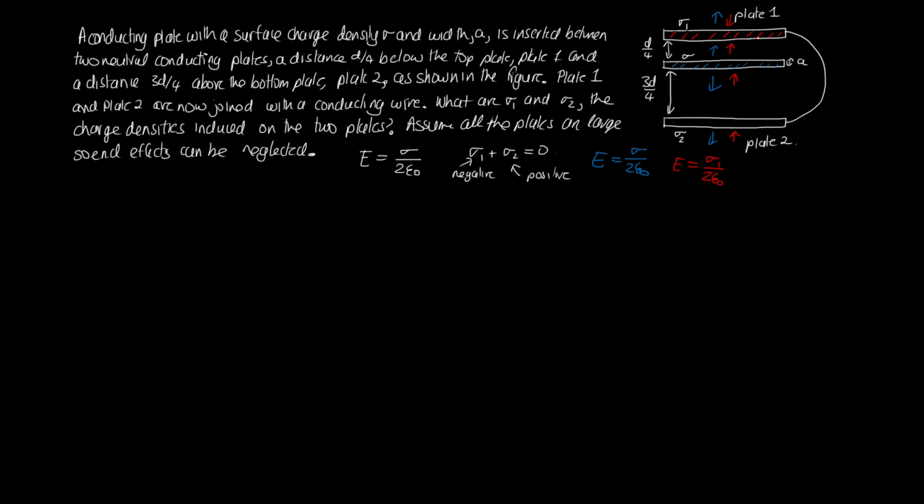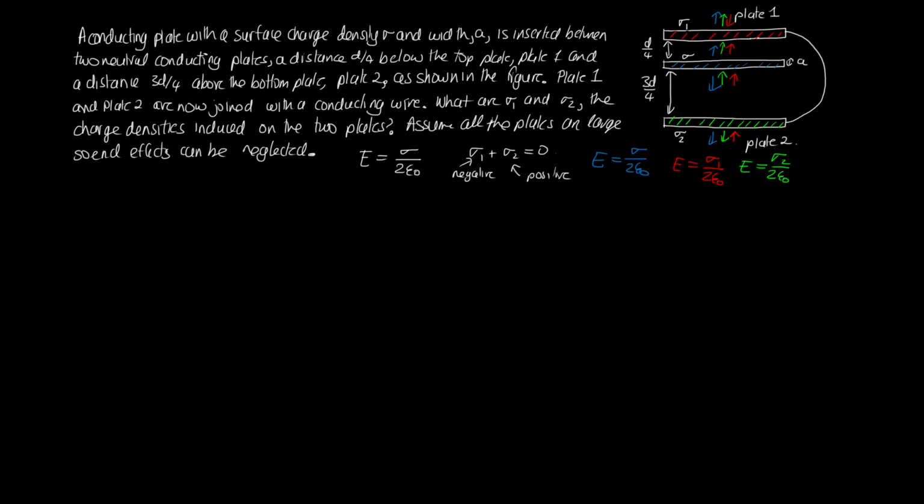And then the third plate down here has sigma 2 on it, and we'll color it green. And we've said that this is positive, so the electric field is going away from this plate. So it's going up here, and up here. And we can write the electric field as sigma 2 over 2 epsilon naught.